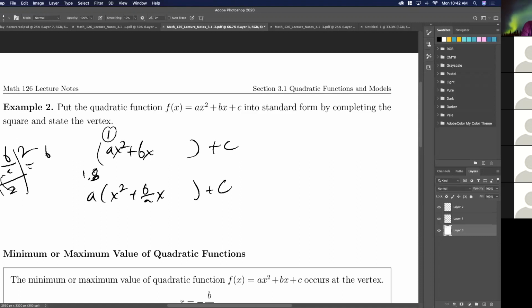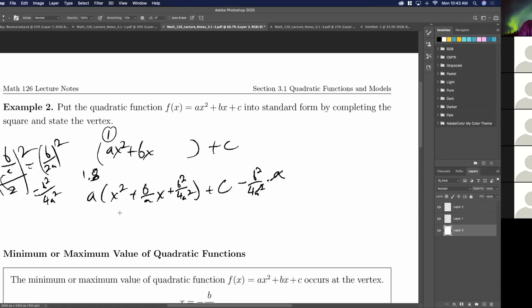So it's just b over 2a, squared, which is the same thing as b squared over 4a squared. So I'm going to add b squared over 4a squared, and I'm going to subtract b squared over 4a squared times a. So I can cancel out one of these a's.